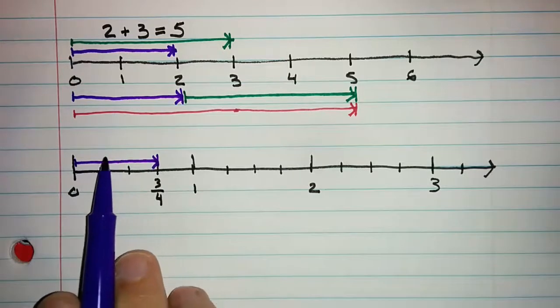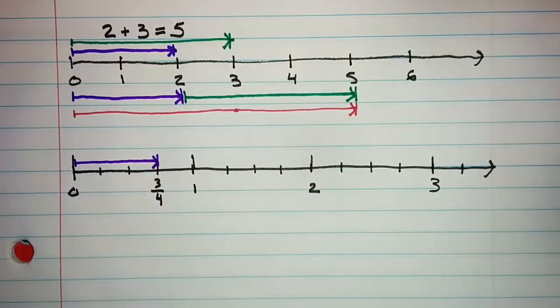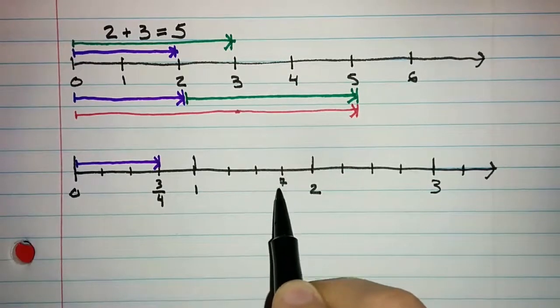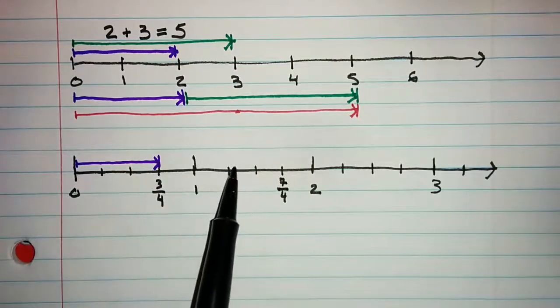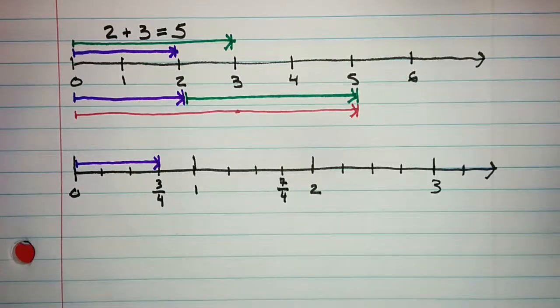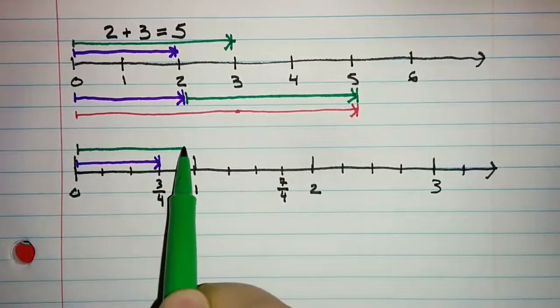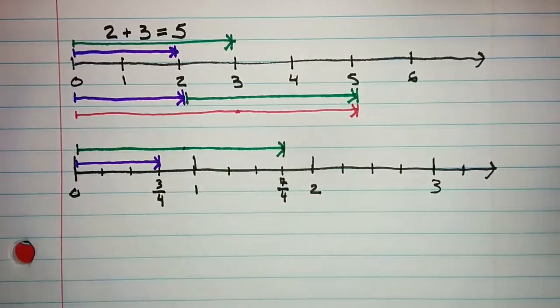Its length is 1/4, 2/4, 3/4, all put together. Meanwhile, the number 7/4, 1, 2, 3, 4, 5, 6, 7/4, is represented by this line segment, starting at 0 and extending out to 7/4.